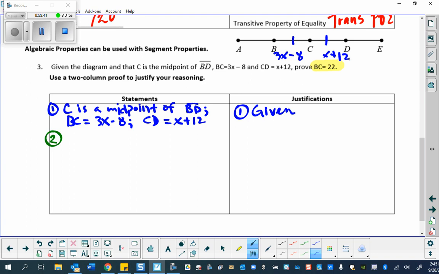Okay. If BC is equal to CD, then 3x minus 8 is equal to x plus 12. Segment BC is congruent to segment CD. How do you know that's true?